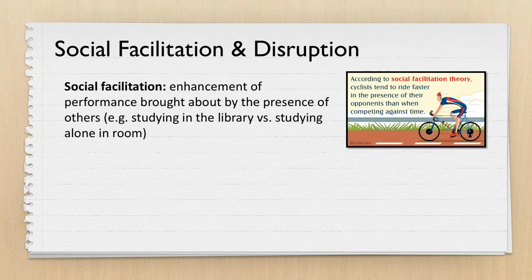For instance, in the first social psychology experiment ever performed, bicycle racers rode faster when they were competing alongside another bicyclist compared to when they raced only against the clock. And this is exactly what social facilitation looks like.